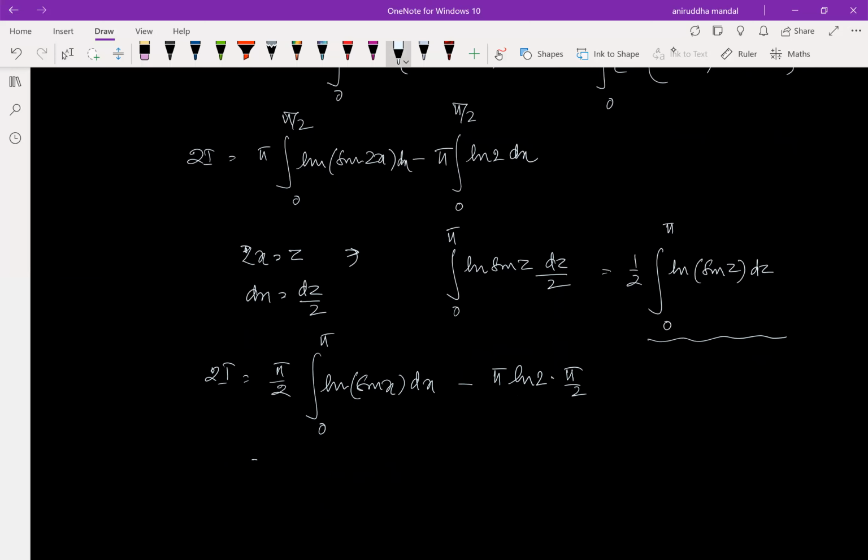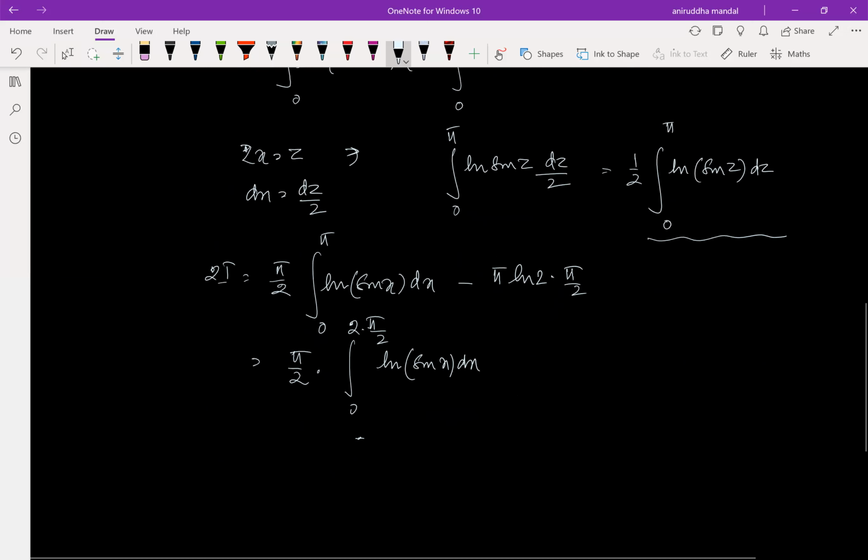So this is pi by 2, and again if we put x here, this can be written as 0 to 2 into pi by 2 ln sin x dx, minus pi square by 2 ln 2.